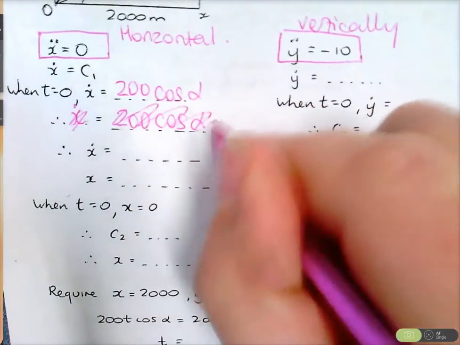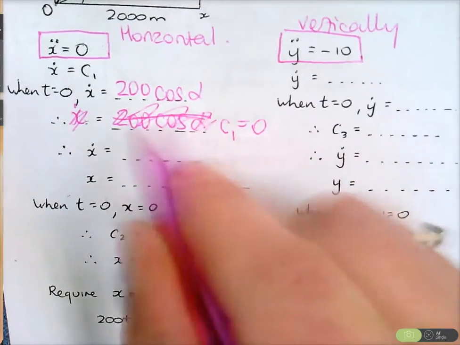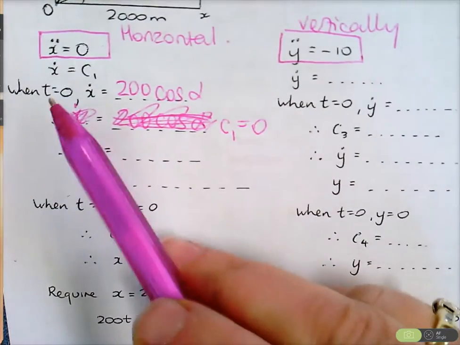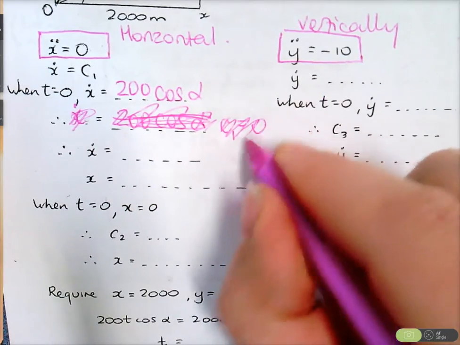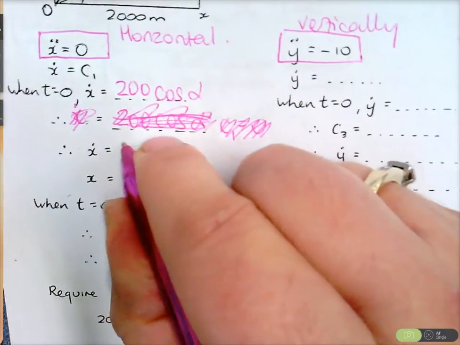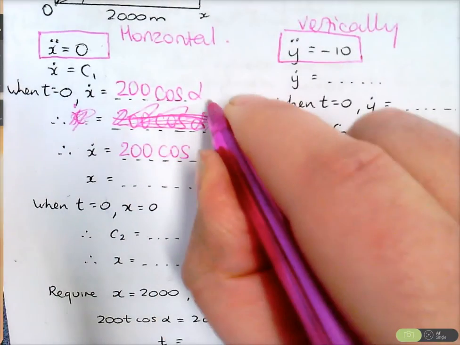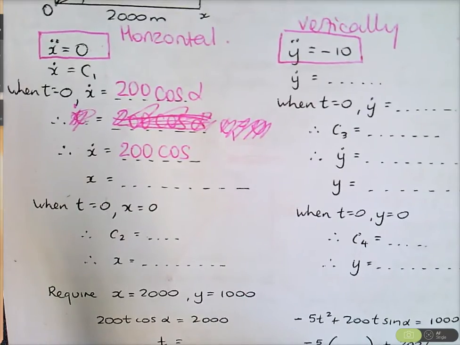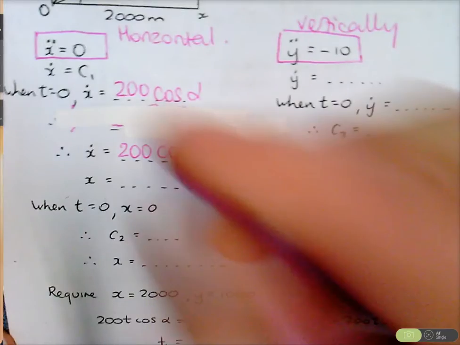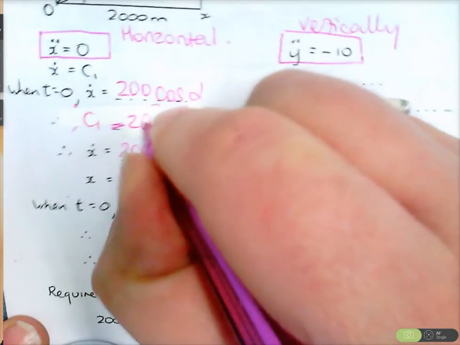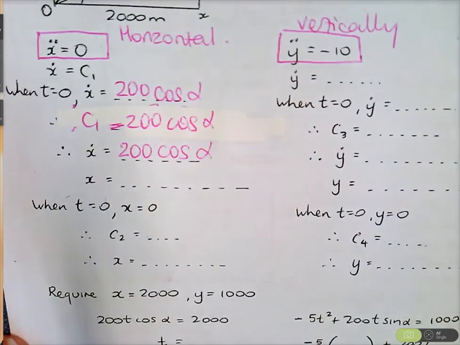So therefore, C1 is that. Therefore, x dot is 200 cos alpha.